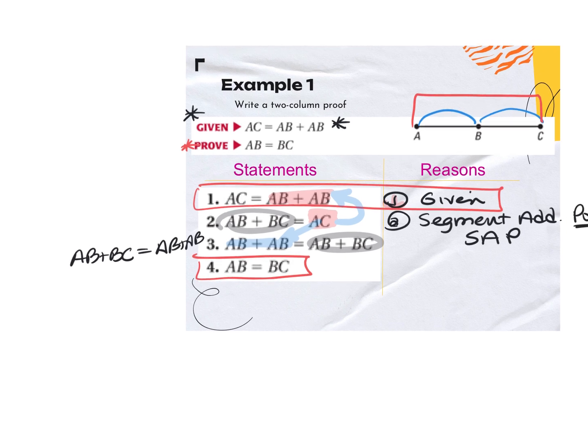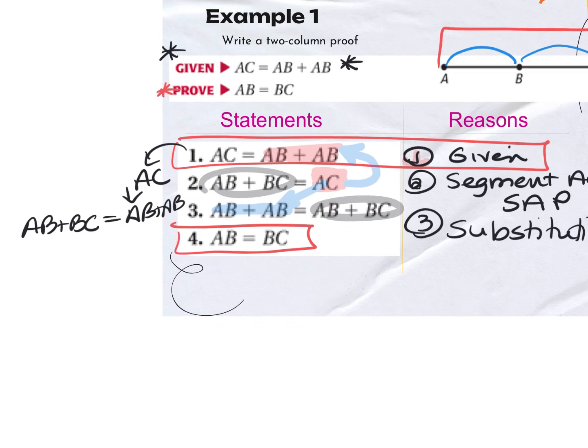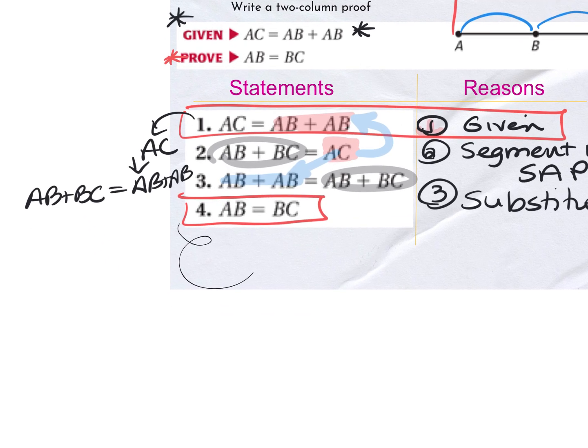So this next one is substitution. Because what we did was we took out AC and we put what it equaled from step 1. And then now what they did from step 3 to 4, notice what disappeared on both sides is they subtracted out AB from both sides.